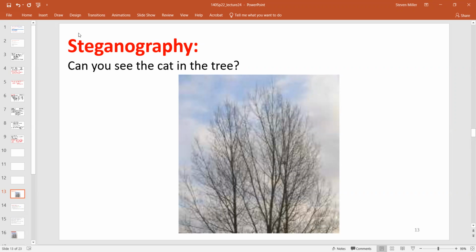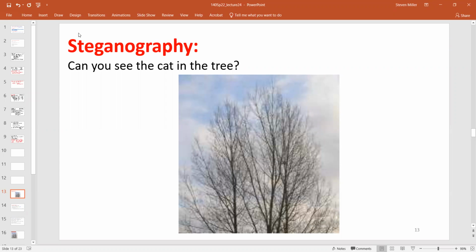For $100, can anybody see the cat? The cat is at least 1/8 the size of the area of the whole picture. It is a big cat hiding in the tree. This is not a little dinky cat I'm trying to sneak by you.